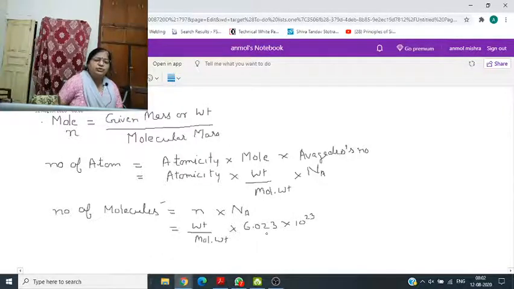Now in your book it is given 6.022, actual value is 6.023, but for doing the numericals to cut it easily, we write down 6.022. So both are right, need not worry. Now we can do numericals on it. I will give you short numericals to practice at home.